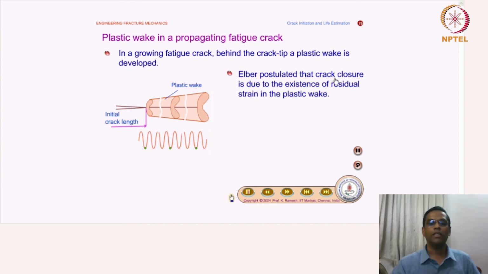Elber postulated that crack closure is due to the existence of residual strain in the plastic wake. There is a large amount of strain in the region of the plastic wake, and that residual strain is responsible for the crack closure, as proposed by Elber.